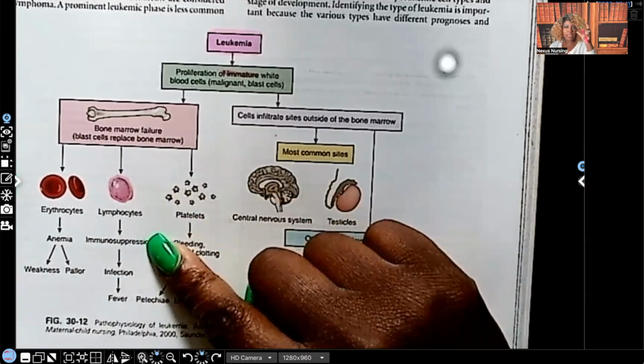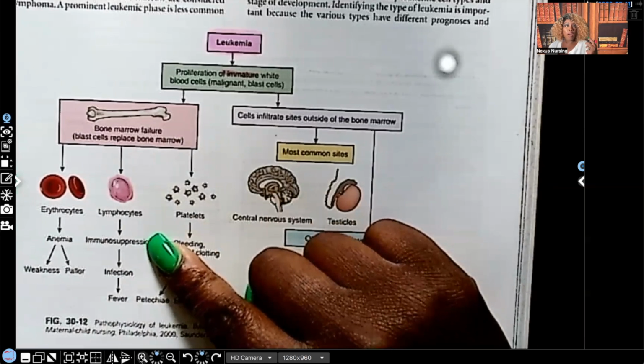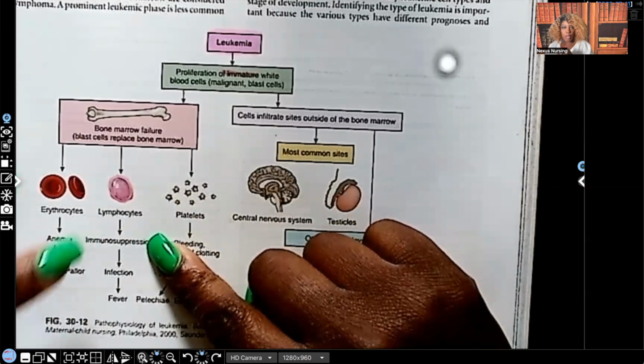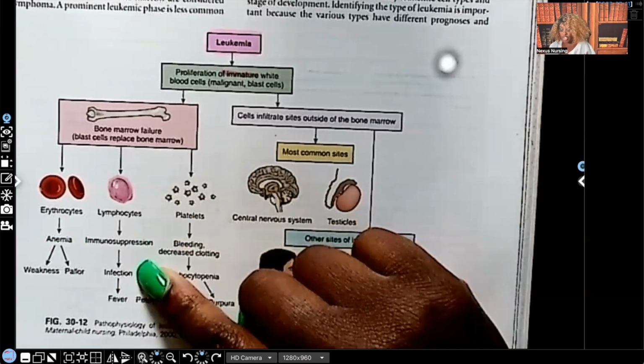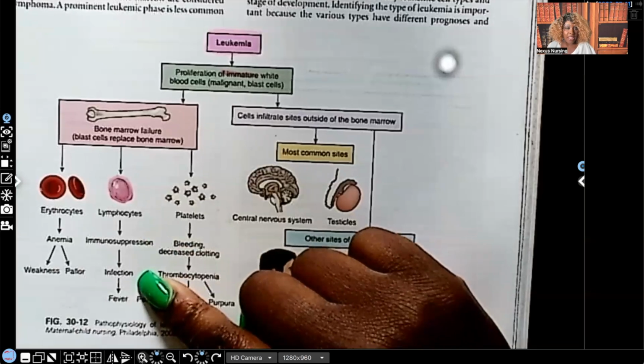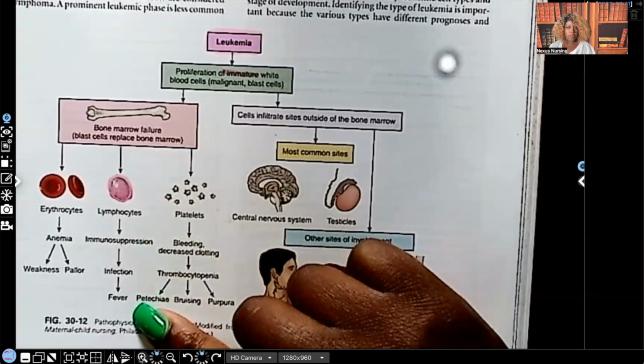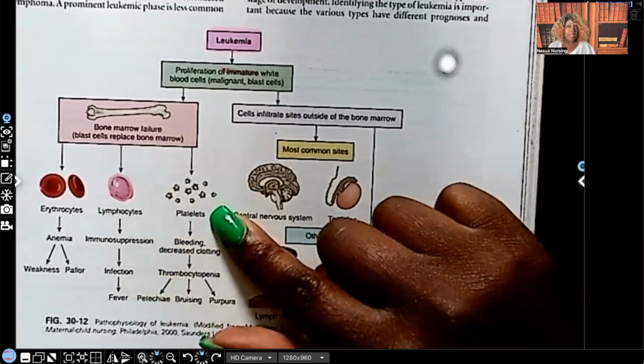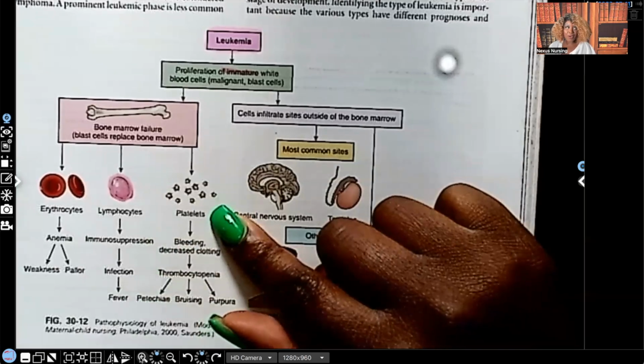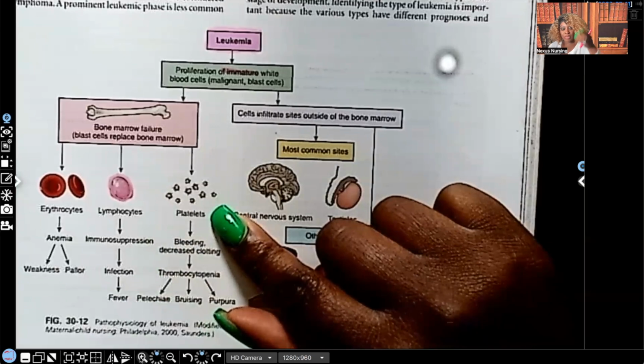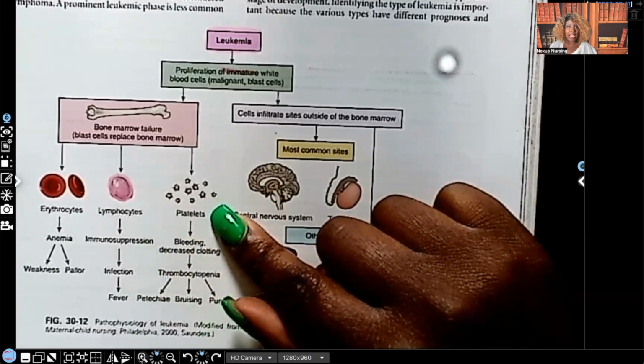Remember, I told you how those lymph nodes and the spleen are associated with what? Immunity. So when it affects those lymph nodes, you better expect that patient's going to have immunosuppression, which puts them at risk for infection, fever. Platelets. Remember, in the bone marrow, guys, WBC, RBC, and platelets are formed.